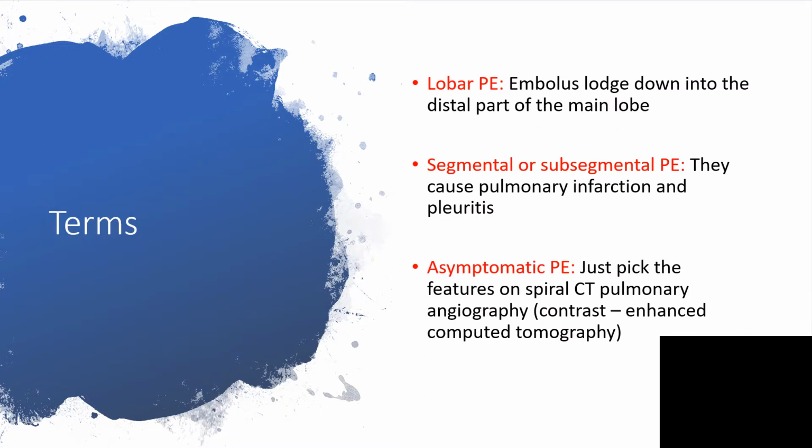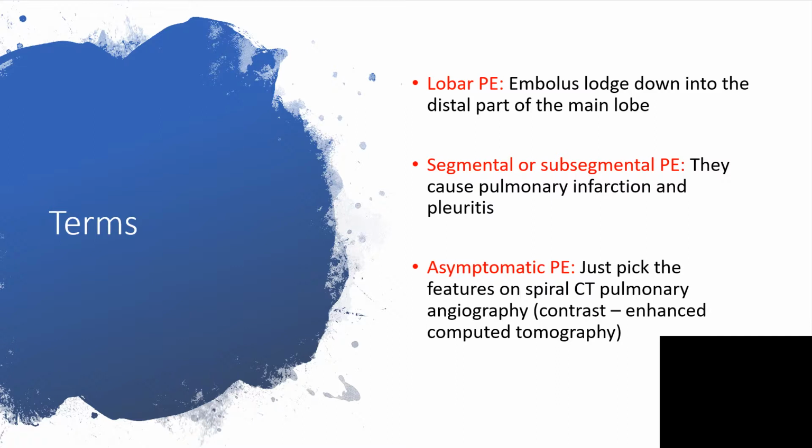Lobar pulmonary embolism will involve lodging down into the distal part of the main artery of a particular lobe. Segmental or subsegmental pulmonary embolism will cause pulmonary infarction and pleuritis. Asymptomatic pulmonary embolism is possible when you are just picking the features of pulmonary embolism on your spiral CT pulmonary angiography.